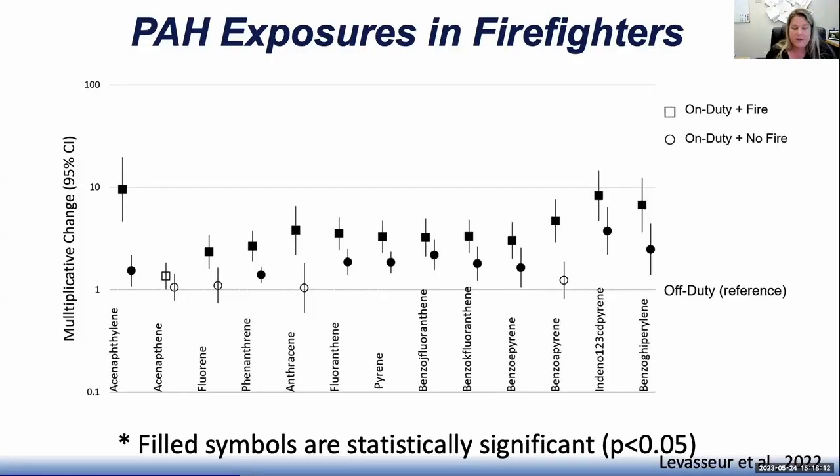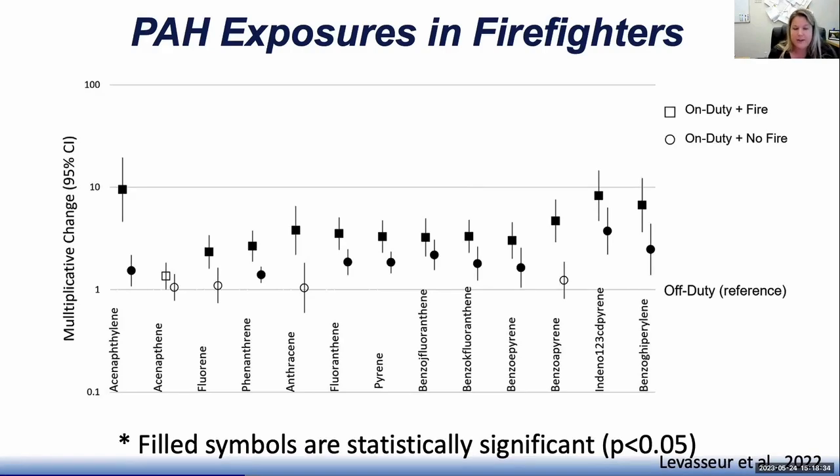So each PAH is along the bottom here, and the one line that's horizontal represents your average exposure off duty. And so any symbols above that one line suggest that there was on average higher exposure to that PAH compared to off duty. And if it's a symbol that's filled, that means it was statistically significant in our model.